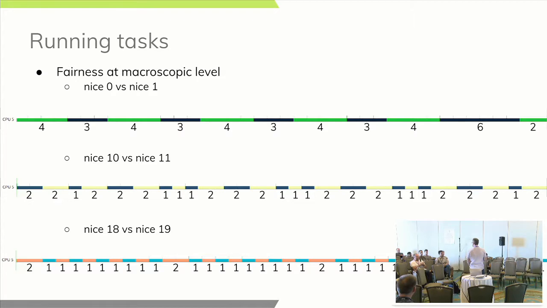That means if we have, for example, interactive tasks, we want them to be switched quickly. We can have the same priority between them, but increase the priority to a nice 18 versus nice 19. So they switch quickly. Is that the point?